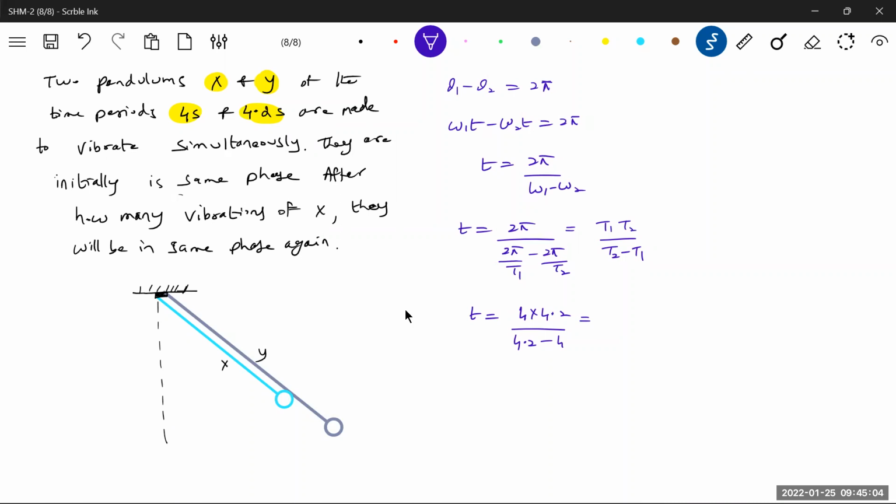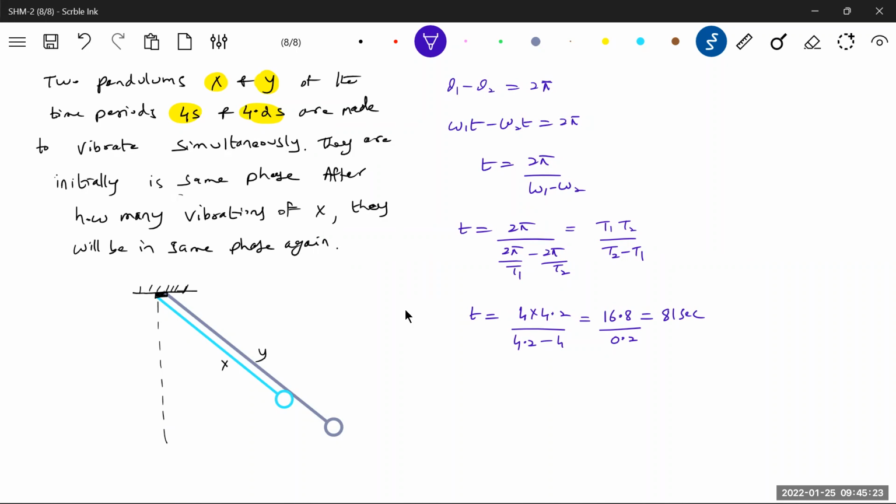How much it will be? 116.8 by 0.2, 81 seconds. After 81 seconds, both will be in the same phase.